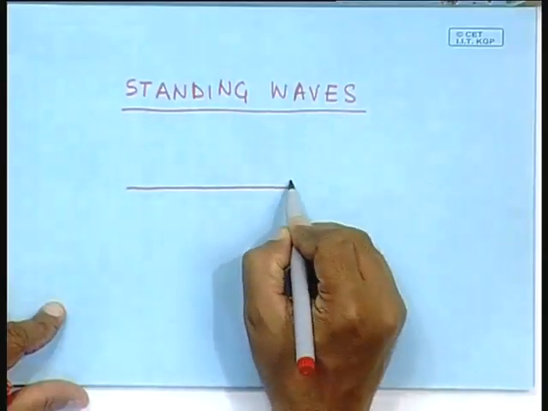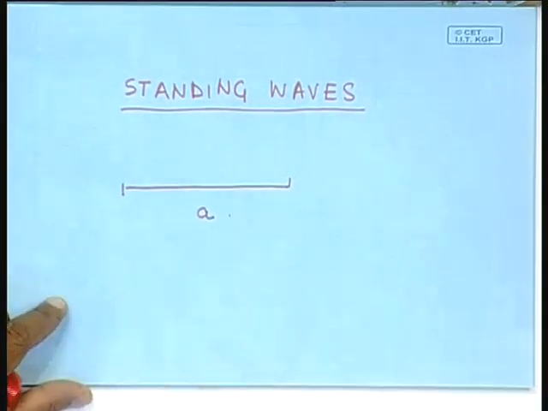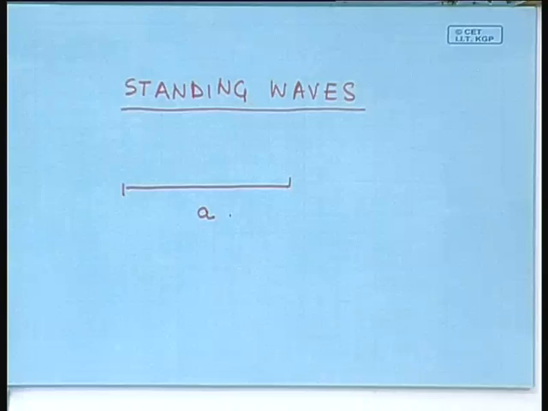So for example, if you had a string of length a, there are certain standing wave solutions, and the spatial dependence of these solutions does not move forward or backward. The whole pattern just changes with time, and these are what are called standing waves.